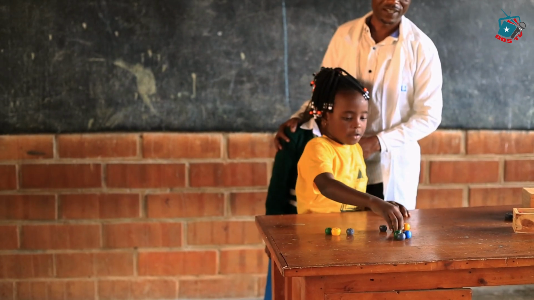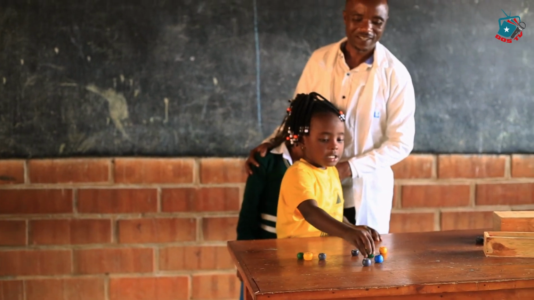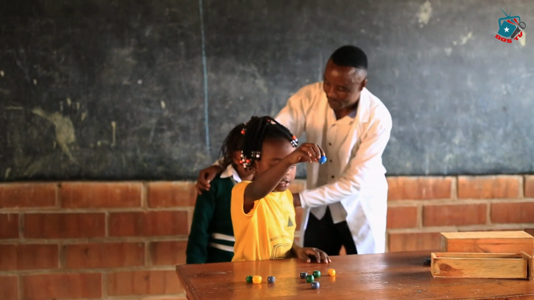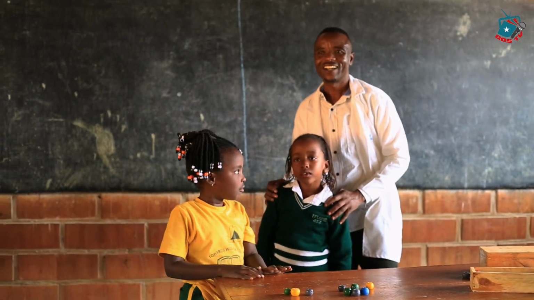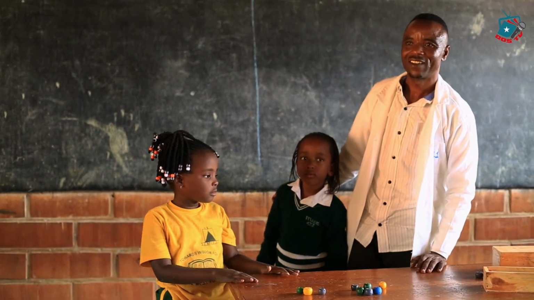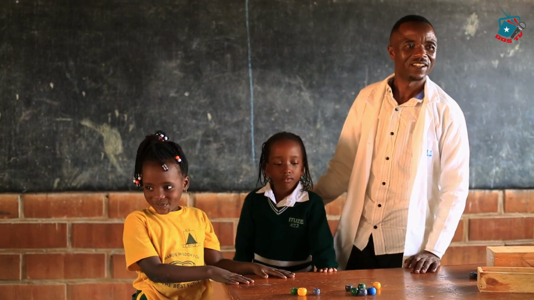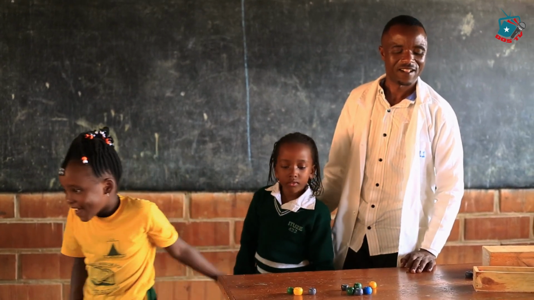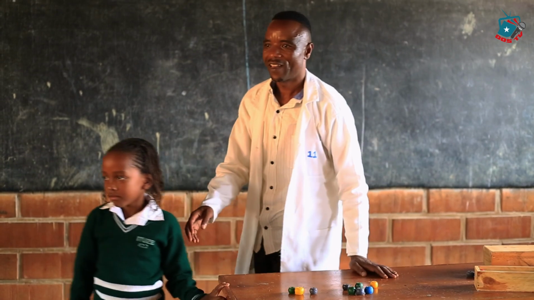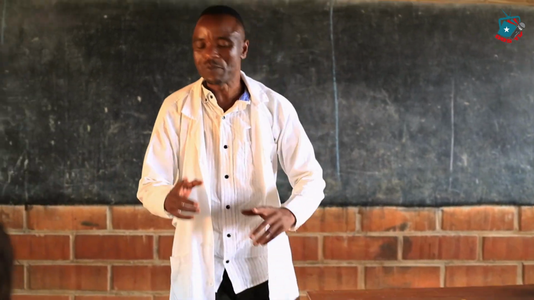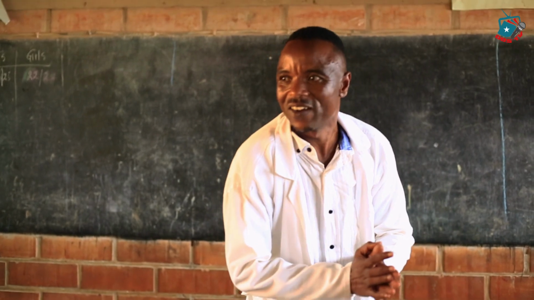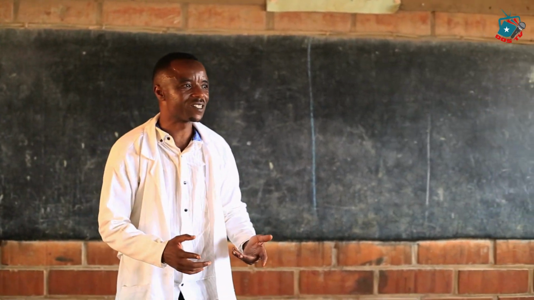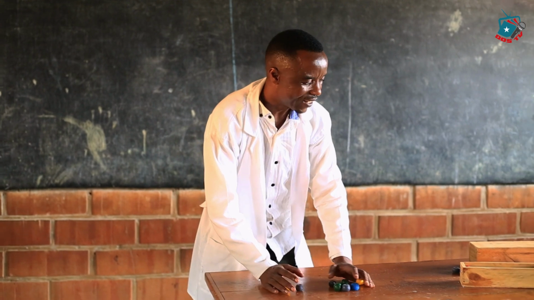Good. You see? Okay, clap for her. 1, 2, 3, 4. It means that 3 times 3 equals 9.